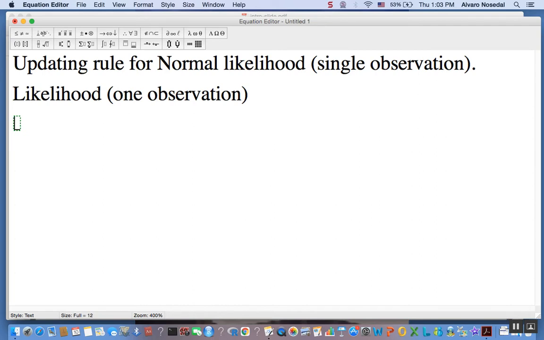We could think about the likelihood as a conditional probability, if you will: the probability of observing a particular value of y given that we have information about mu, the mean.